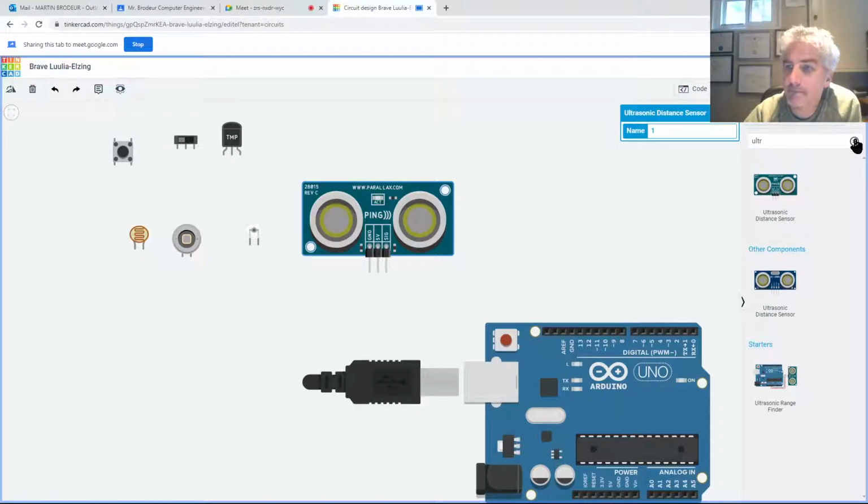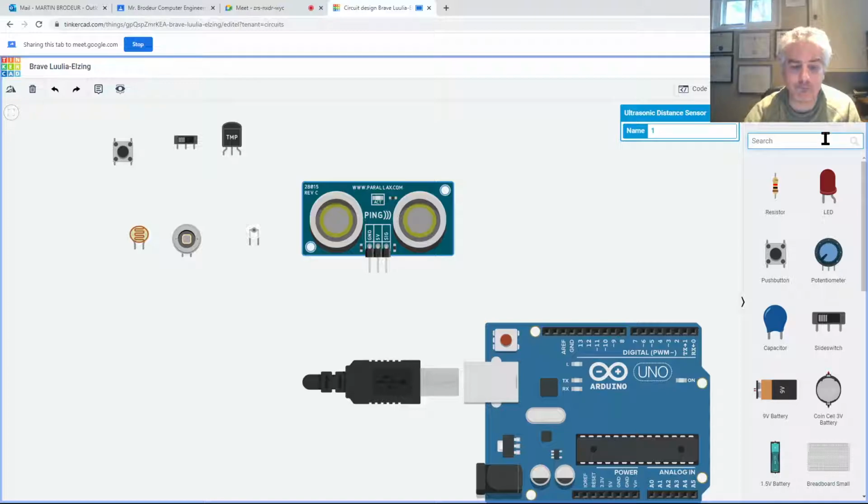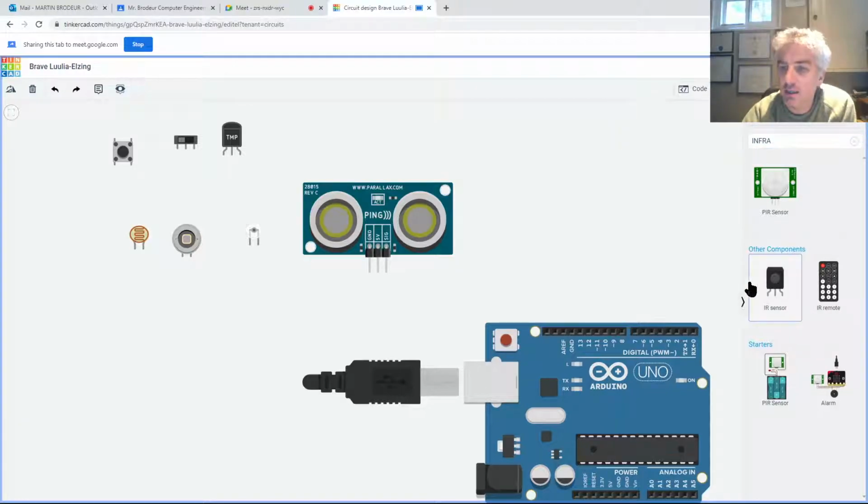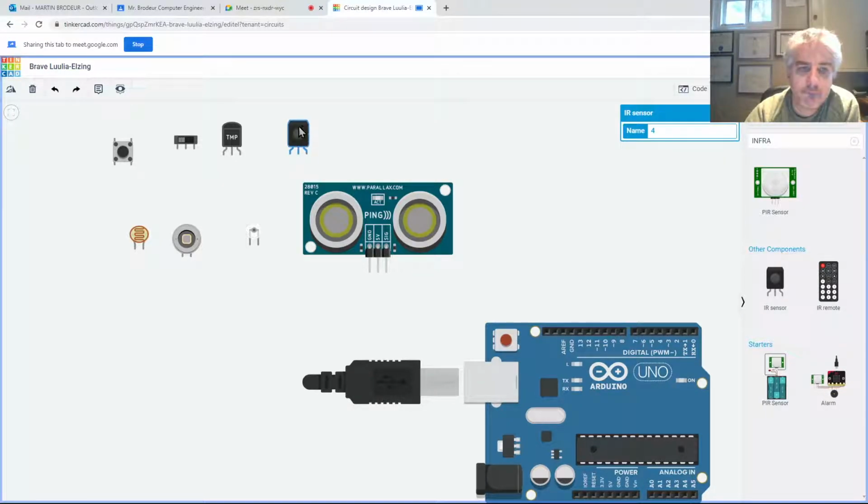What more? IR sensor. Mm-hmm. Infrared. So there's this guy. Where are those? IR sensors in real life around you, like in your room right now. You probably have them, like the TVs and stuff. Yes, exactly.